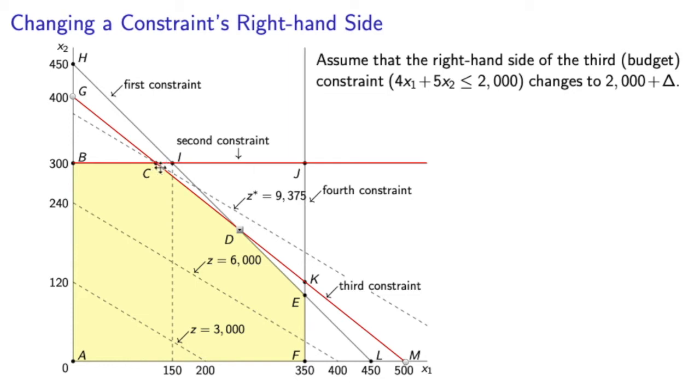But how did we compute these coordinates? We determined them based on the fact that the point C is on the intersection of the second and the third constraints, right? And this is how every corner of our feasible region is defined. It is defined by the intersection of the binding constraints at that point.